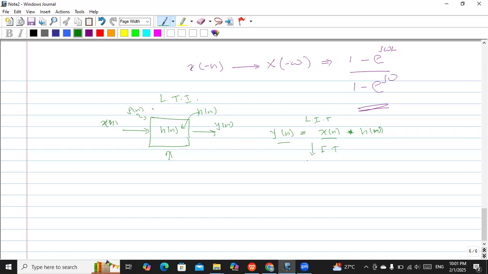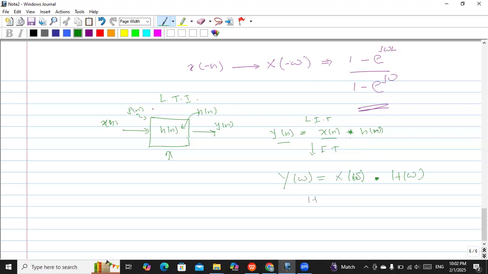If you apply the Fourier transform, yn becomes the frequency domain signal y omega, xn becomes x omega, hn becomes h omega, then this convolution becomes a multiplication.